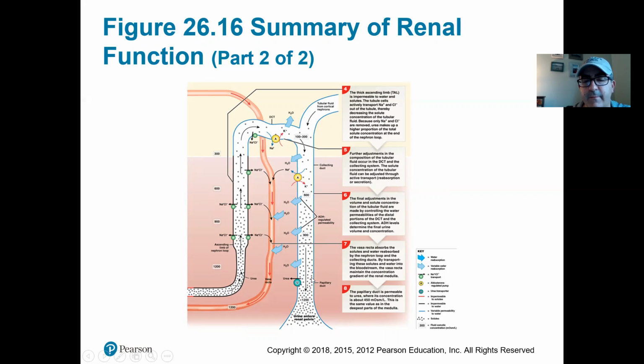By the time the fluid reaches the end of the renal pyramid, and the minor calyx would be right here at the end, it's back to about a 1200 in terms of osmotic concentration, because you've lost a bunch of water again. So what's really in this urine is mostly salt.